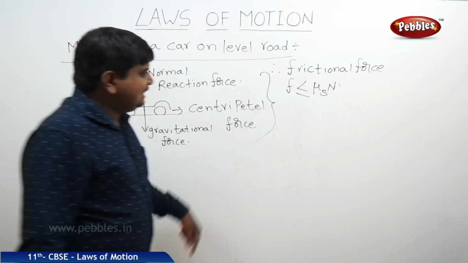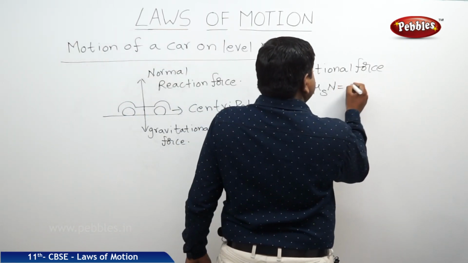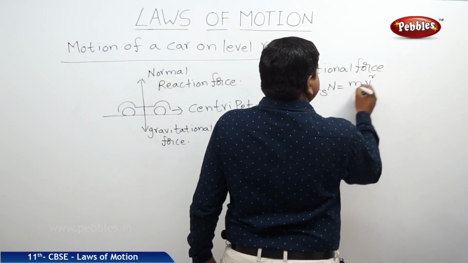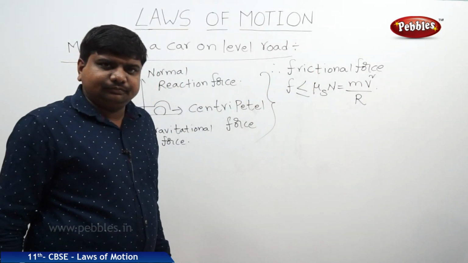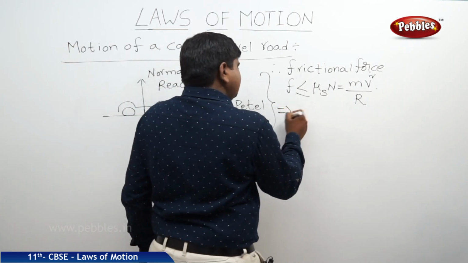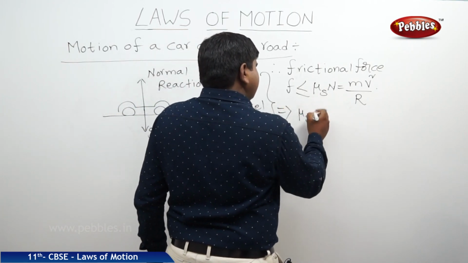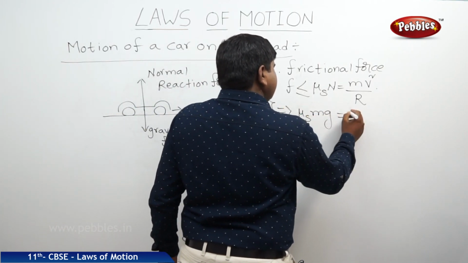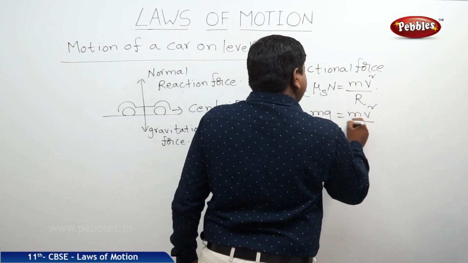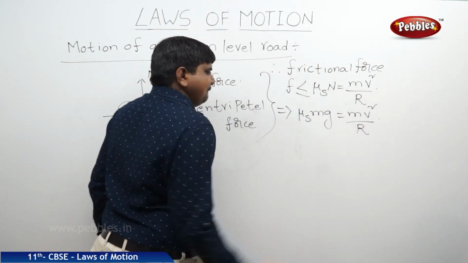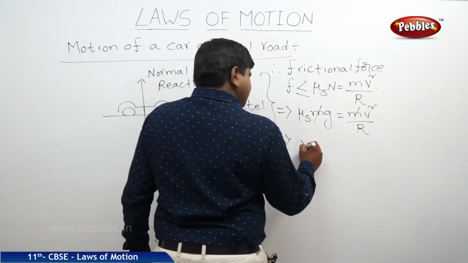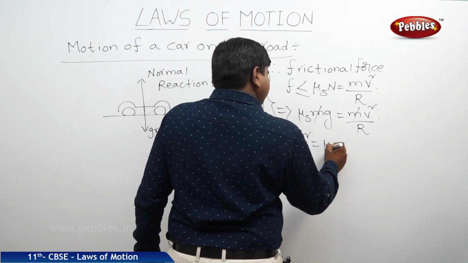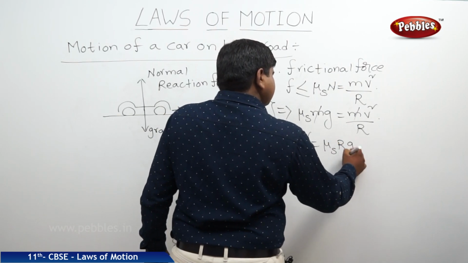This mu s n is equal to centripetal force mv square by r. So we know that mu s n, or mu s mg, is equal to mv square by r, where m and m get cancelled. So v square is equal to mu s rg.